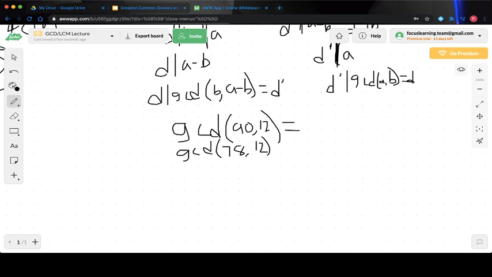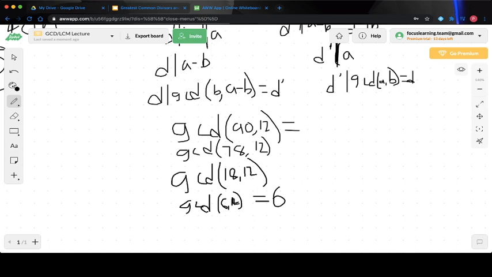So we can subtract 84 from the left side. Actually, instead we subtract 12 times 6, which is 72. We get 18, so the GCD of 18 and 12. Then we subtract 12, and the GCD of 6 and 12 is one that can easily be evaluated as 6.